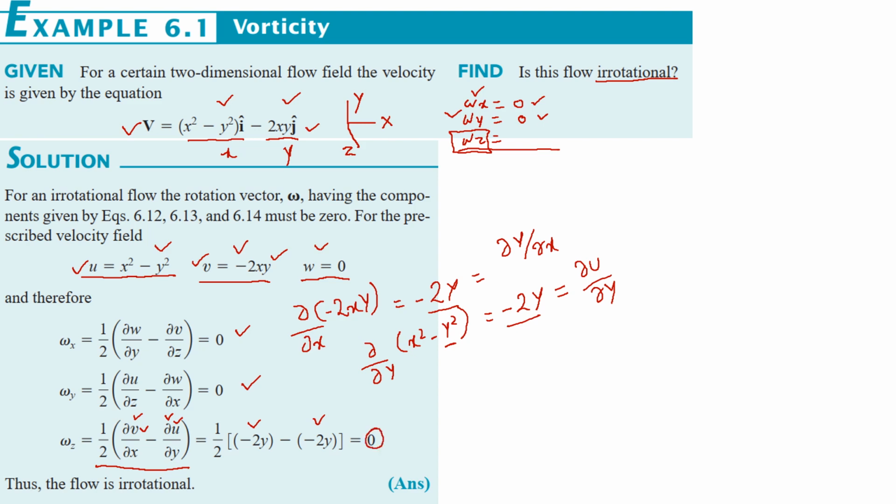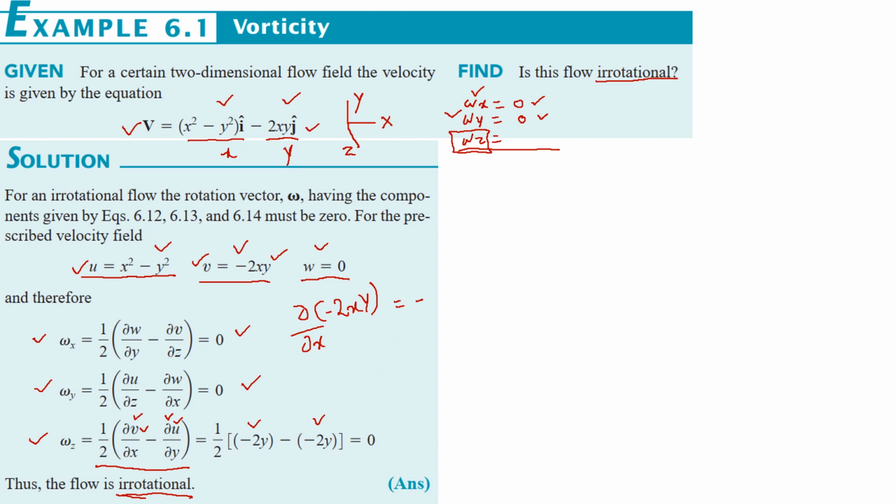So this flow is irrotational, because all the components of rotation, along x, y and z, are equal to 0. This flow will not rotate; it will flow in a linear manner, but it will not flow in an angular manner. In terms of rotation, it will simply not rotate.